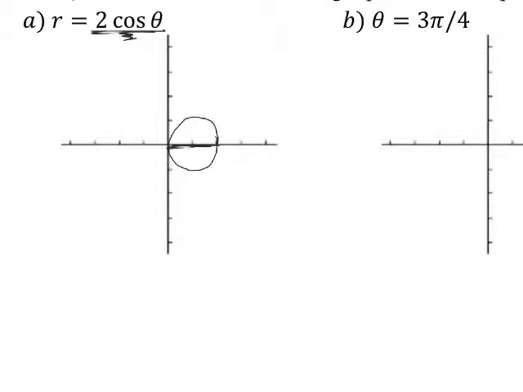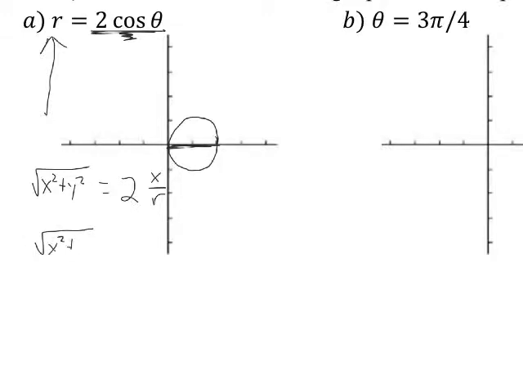We know that r can be expressed as the square root of x squared plus y squared. And we know that cosine of theta is the same as x over r. And we haven't gotten rid of all of the r's yet, so we're going to do one more substitution.